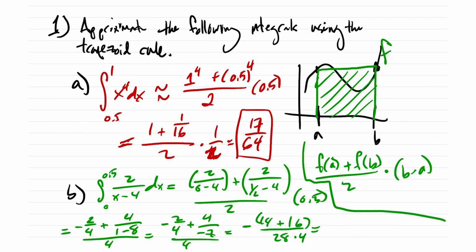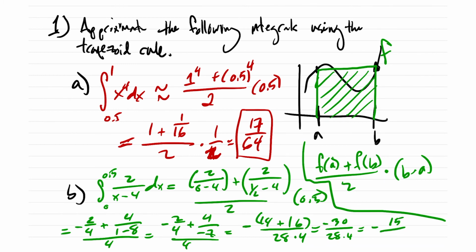And so all of these guys multiplied by negative 1. 14 plus 16 is going to be what, 30? So we have minus 30 over 28 times 4. So let's see, 4 goes into 30 twice. Sorry, not at all. And so we can cancel 2, so that's going to be minus 15 divided by 2 times 28.